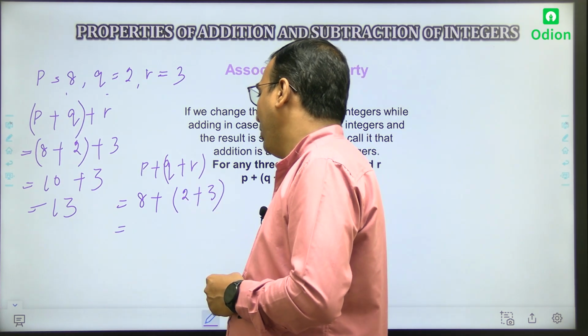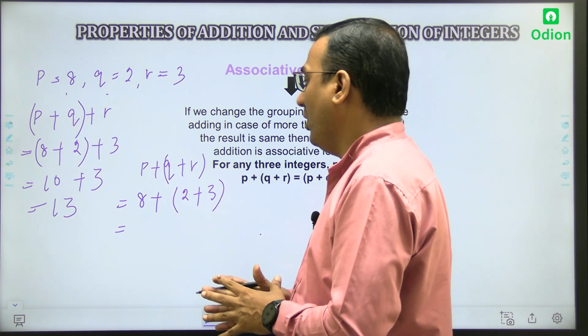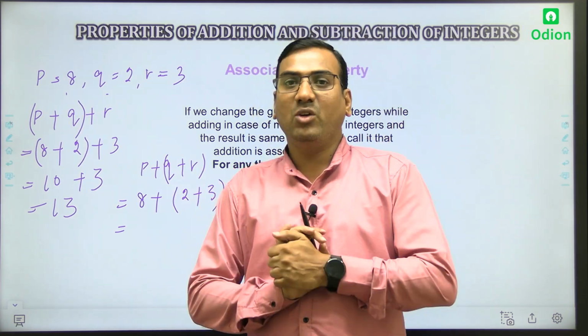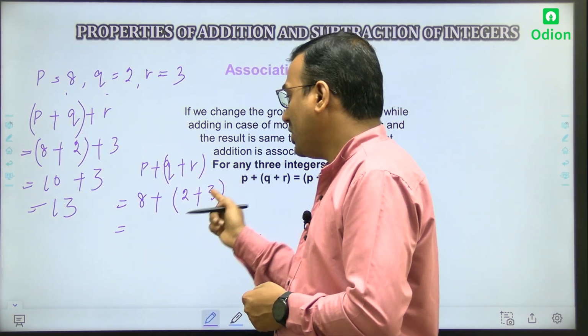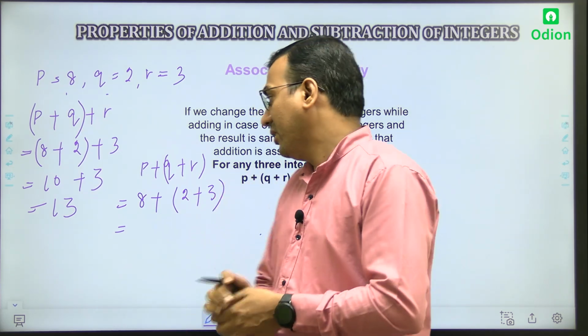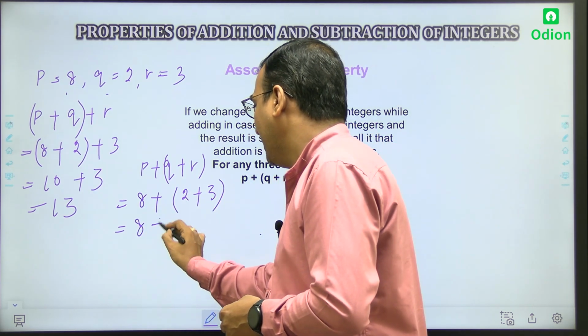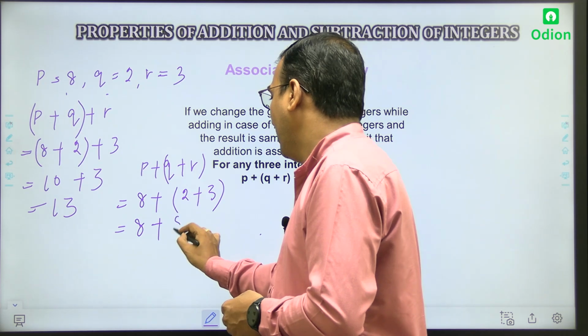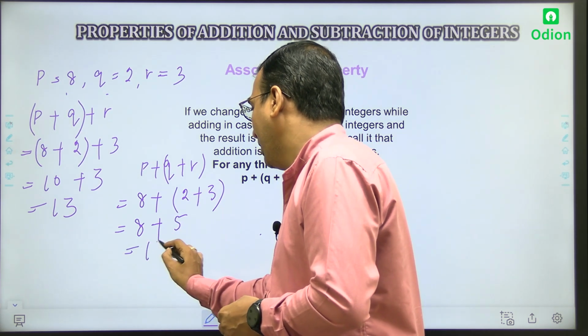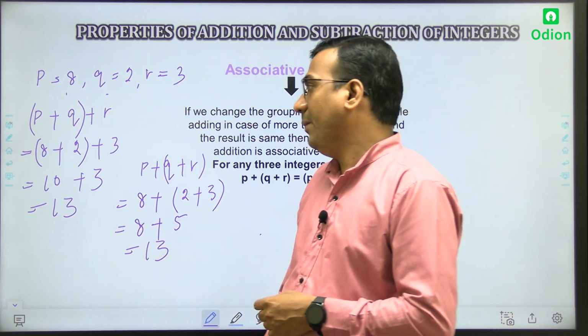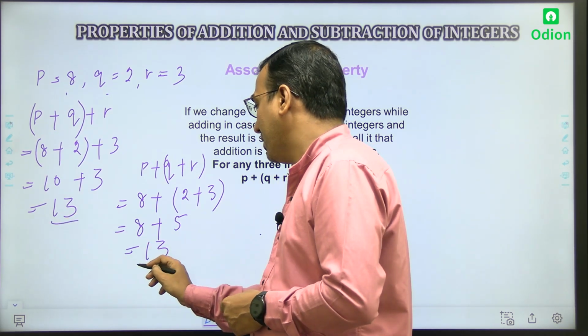Then what shall we have to do? We have to add the value of Q and R first, because these two numbers are grouped together. Then 8 plus 5, so the result is 13. Both results are equal.